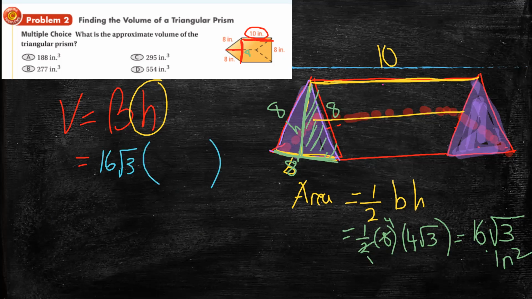Now, where's the height that I have to use to find the volume of the shape? It is the altitude that is perpendicular on the base. This is my base. Where's the altitude that's perpendicular on the base? 10. Yes.